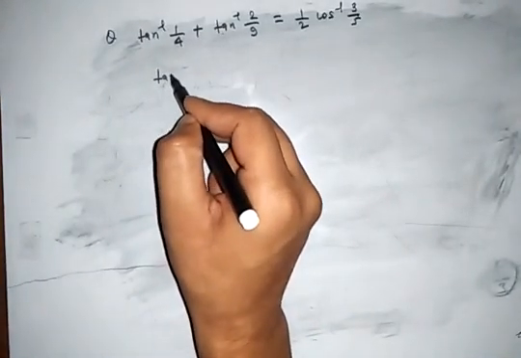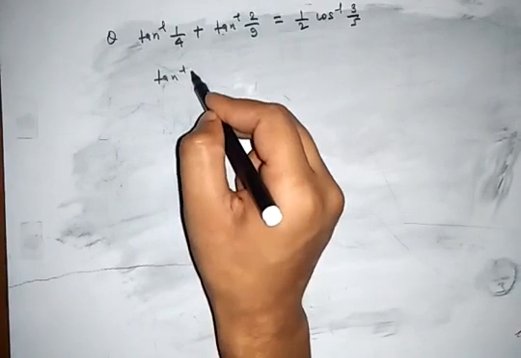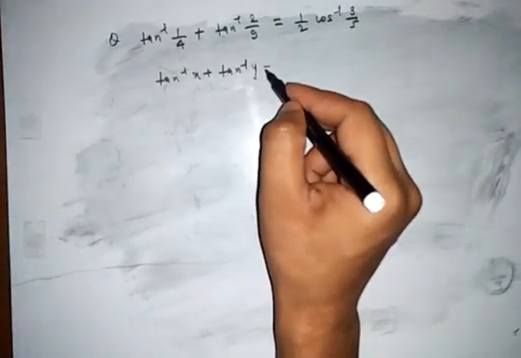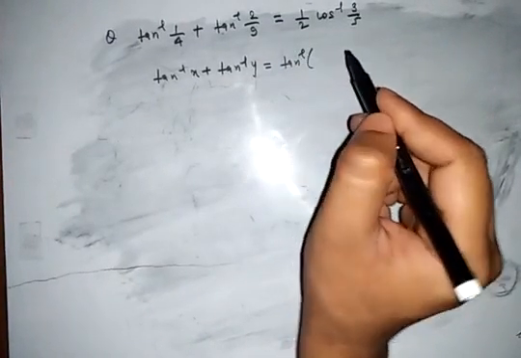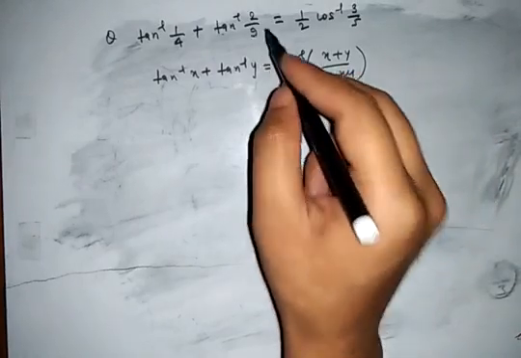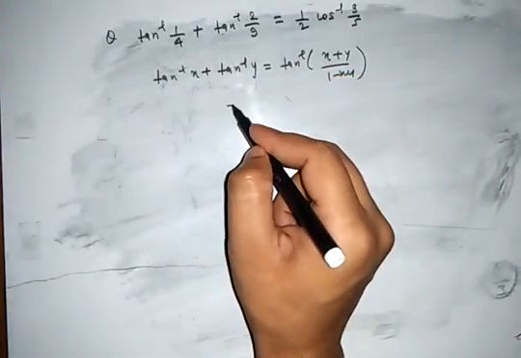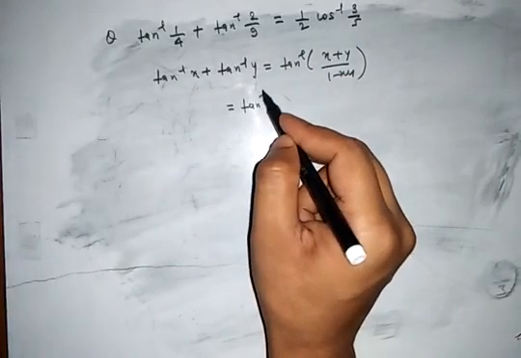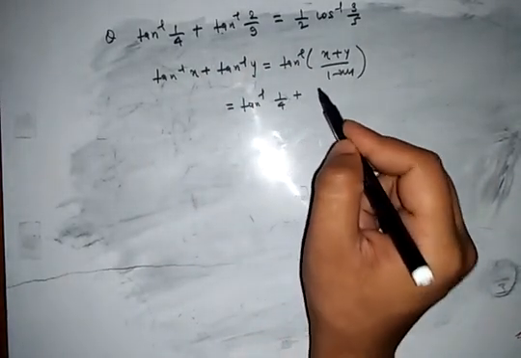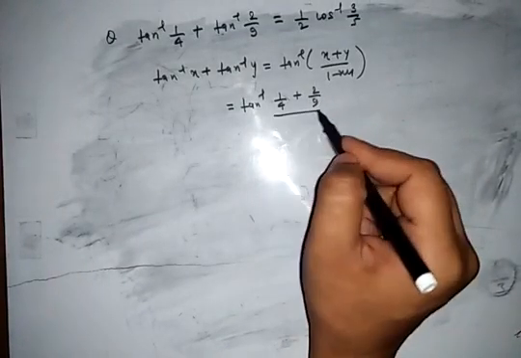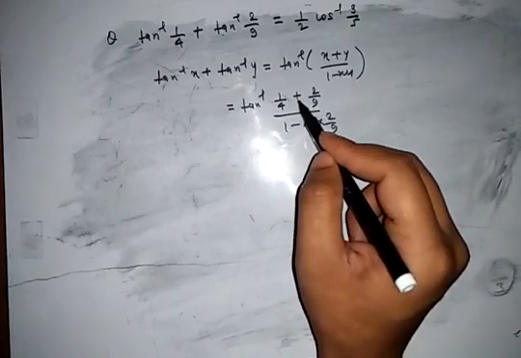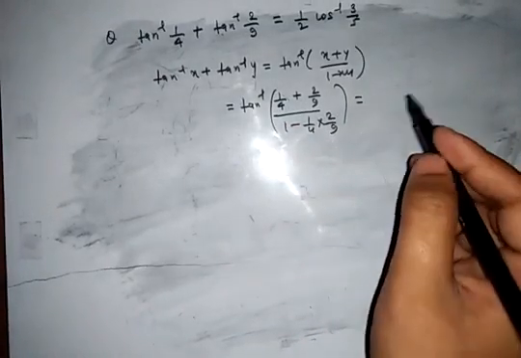How can you apply it? As we know, tan inverse x plus tan inverse y is tan inverse of x plus y by 1 minus xy. Okay, so putting the values, you will get here tan inverse of x, which is 1 by 4, plus y, 2 by 9, by 1 minus 1 by 4 into 2 by 9. Okay, solve it.